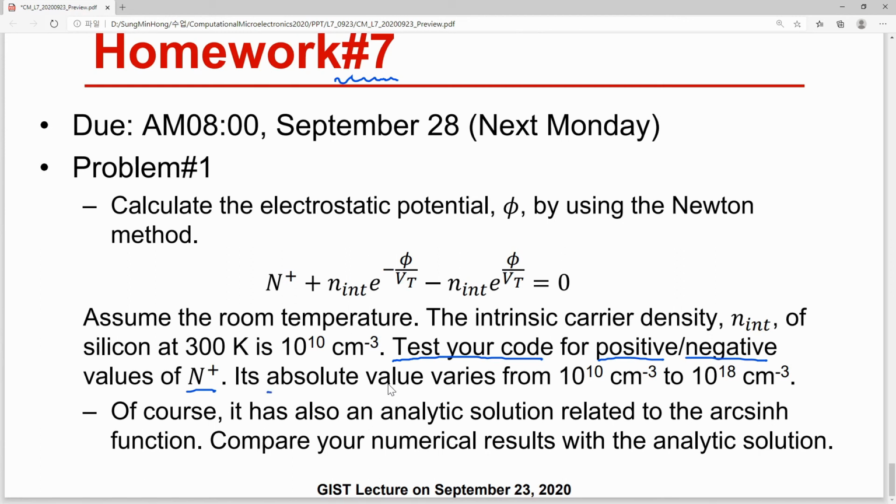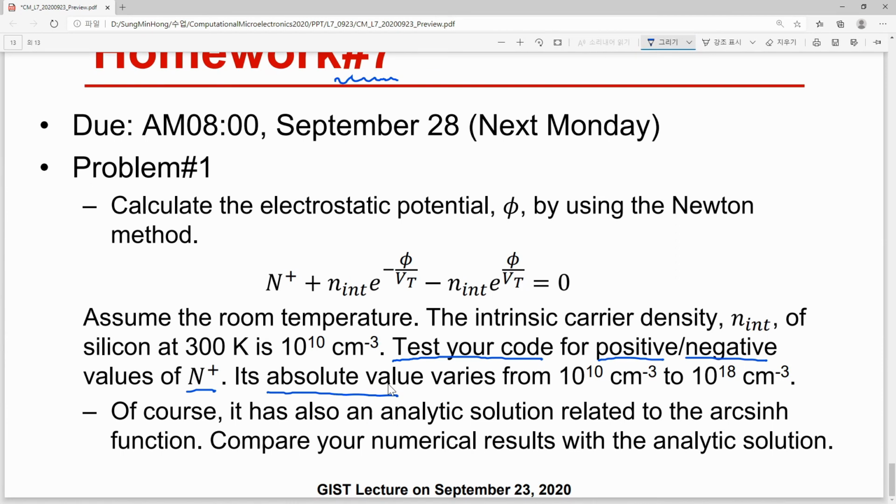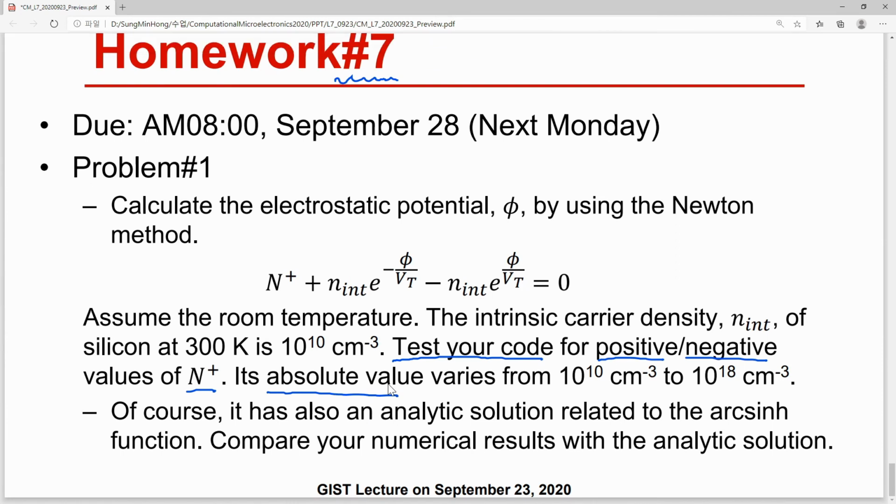Its absolute value varies from 10 to the 10 to 10 to the 18. Of course, you have an analytic solution, so compare your numerical result with the analytic solution.